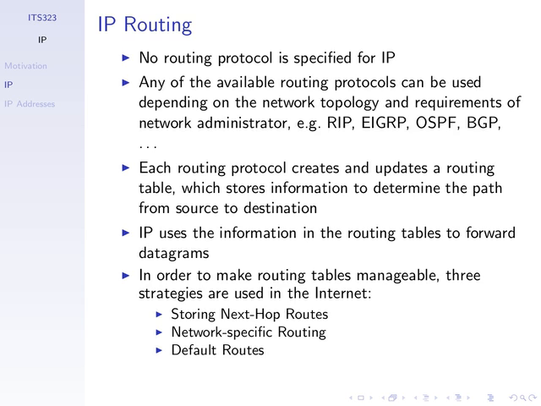Maybe this is a star-based network. Maybe there's a switch in the middle, there's a link to the switch, and each of these have links to the switch. And it uses Ethernet. It is 802.3 that we covered last week.